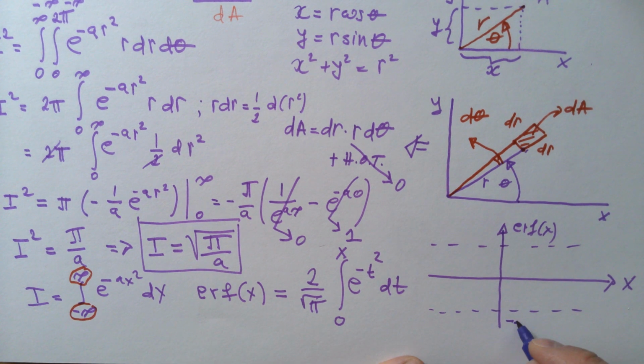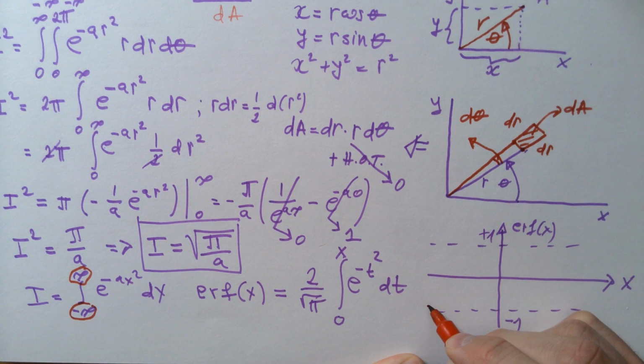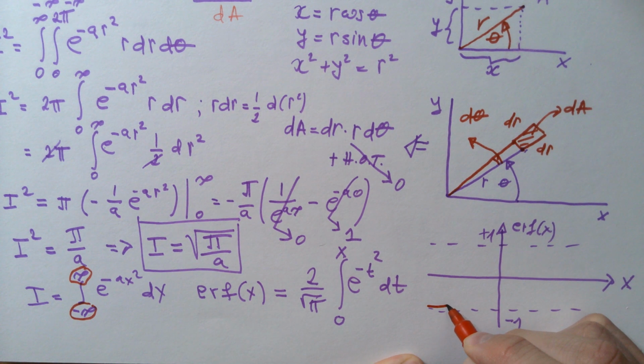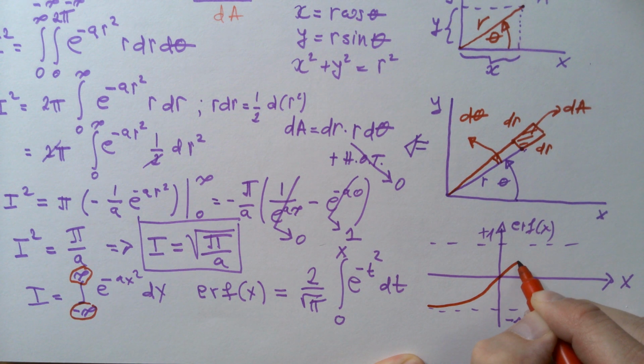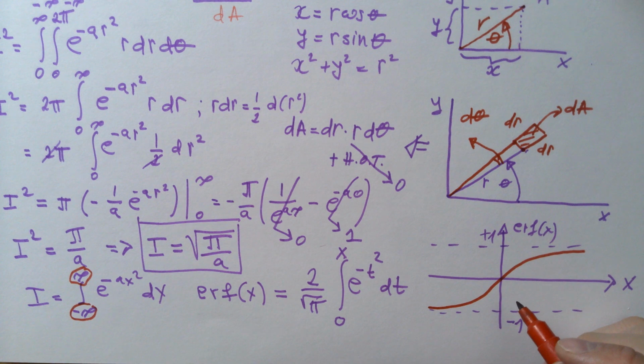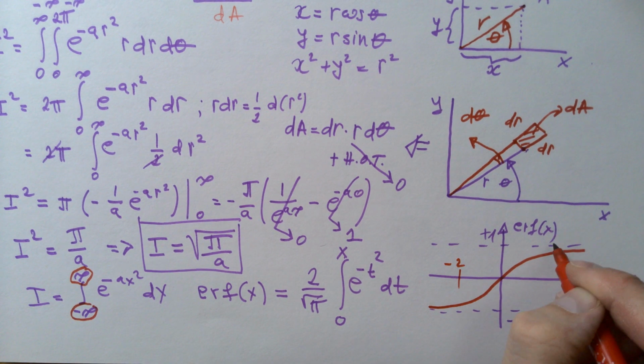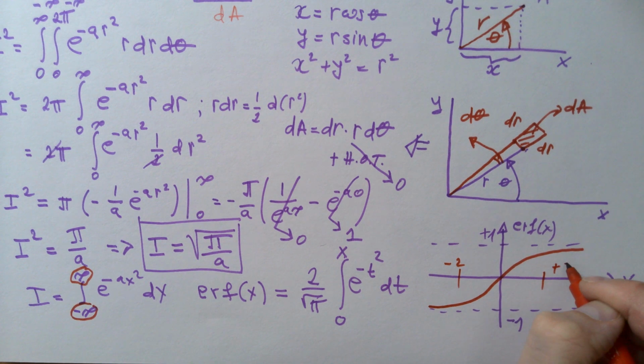So here is clearly -1, here is +1, and the function looks something like this, like an S-shaped curve. Just to give you a sense of numbers, somewhere here, let's say, is -2, and maybe somewhere here is +2.